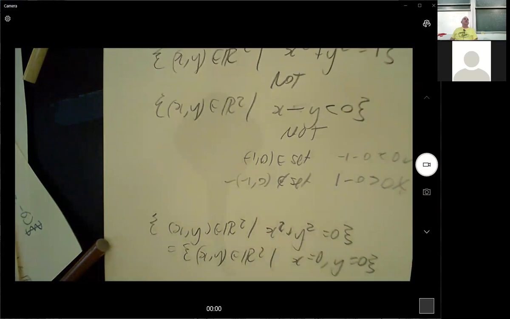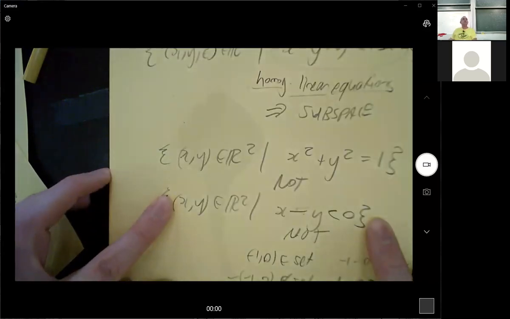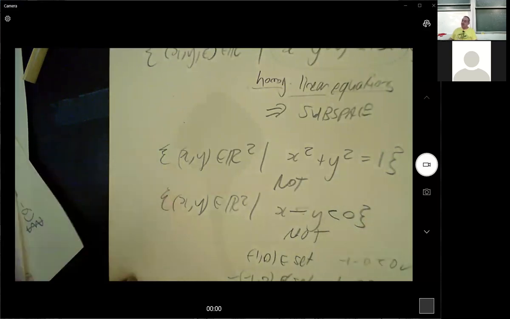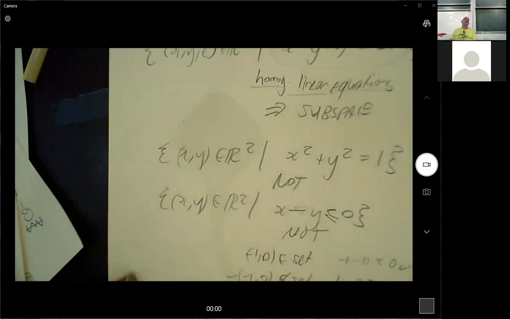So with the subsets before that, with x minus y is less than 0. Yep. If it is less than or equal to 0, you said that is a subspace. No, if it's less than or equal to, still not a subspace. Still not? Okay. Because this is still an inequality. So is it for every inequality ever?